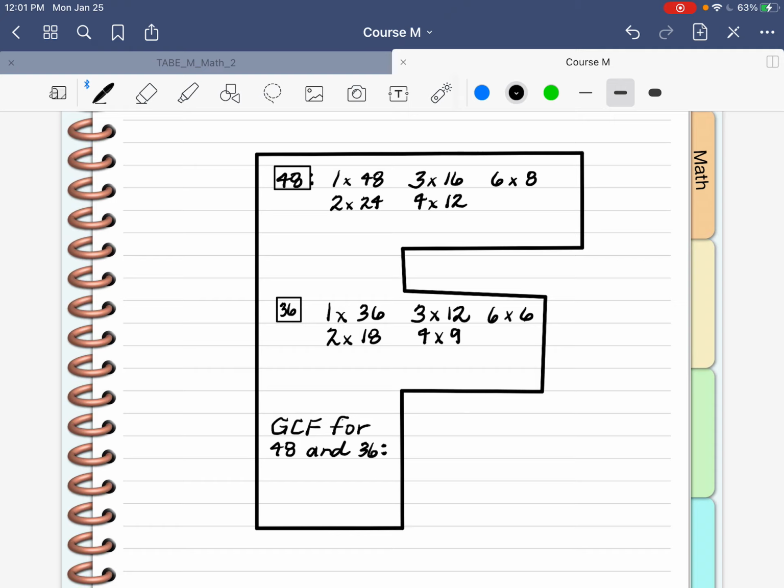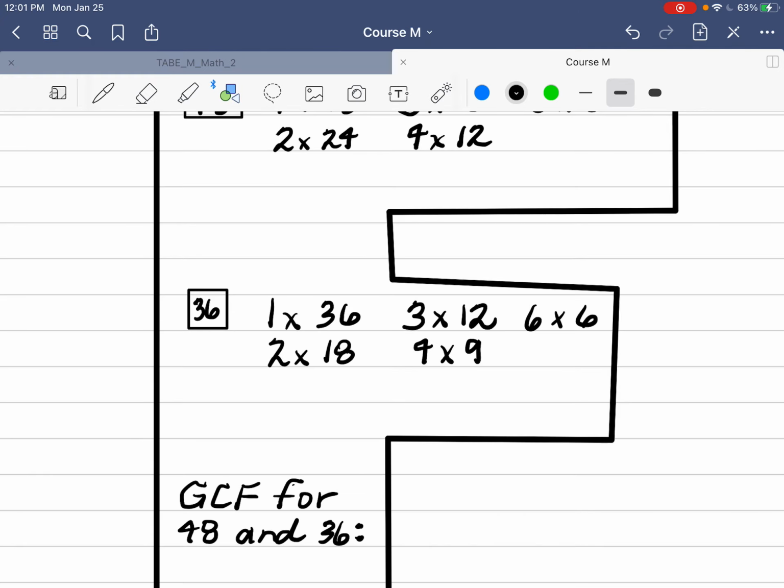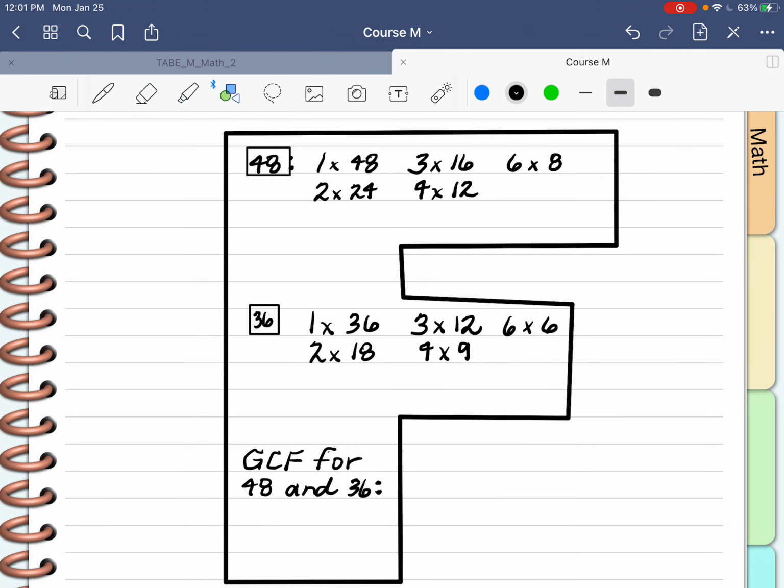And then we're going to look for common factors. So I'm going to go back and circle all of the common factors. They both have 1s. They both have 2s. They both have 3s. They both have 4s. They both have 6s.